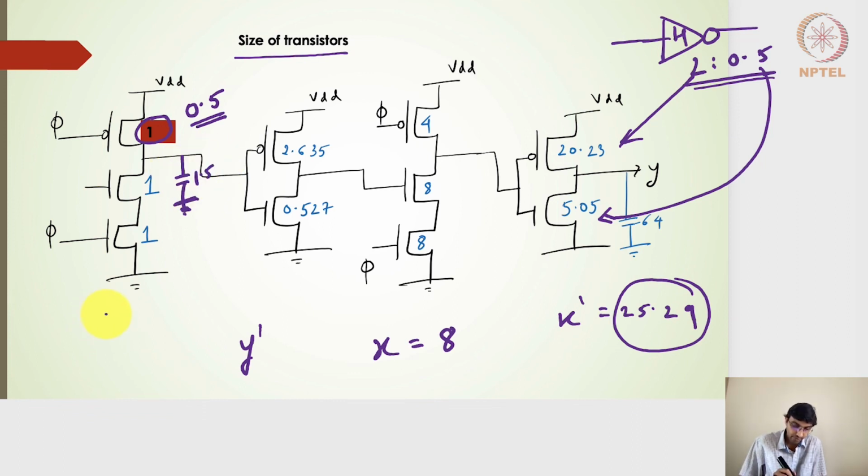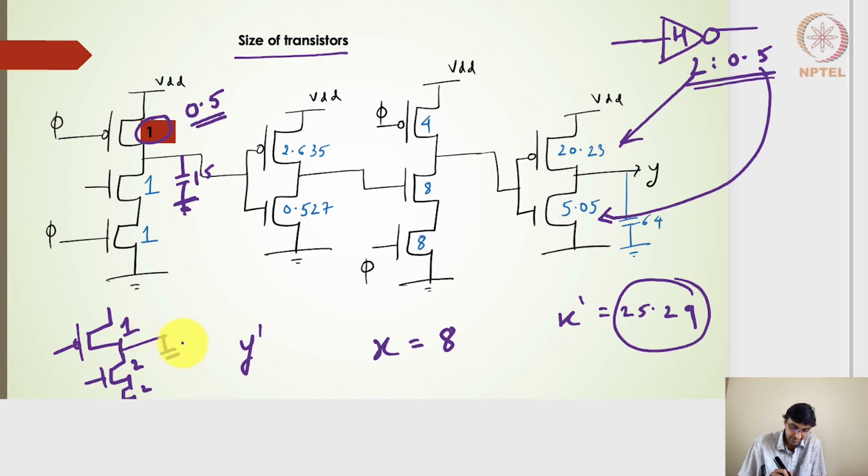If you remember, we had a size of 1 here, and then a size of 1 here, 2 and 2, right, which gave us the parasitics of 3 capacitance, and divided by the 3 capacitance gave us the normalized parasitic as 1. So here it should be 0.5 instead of 1.